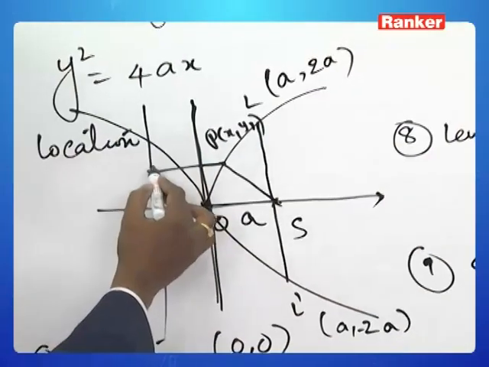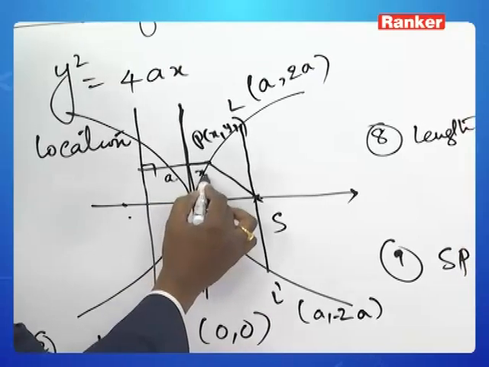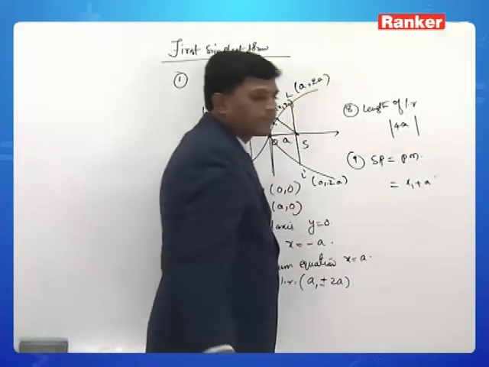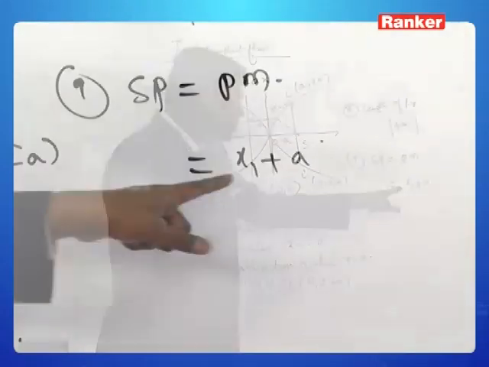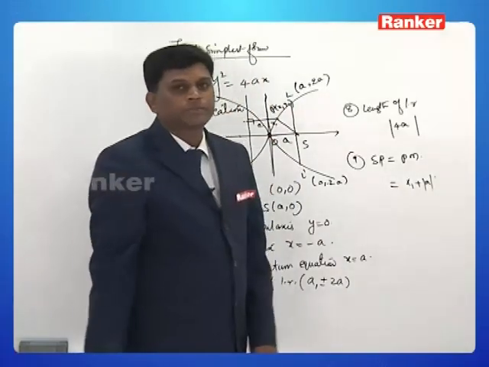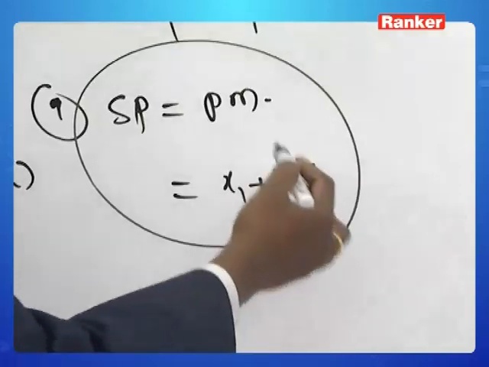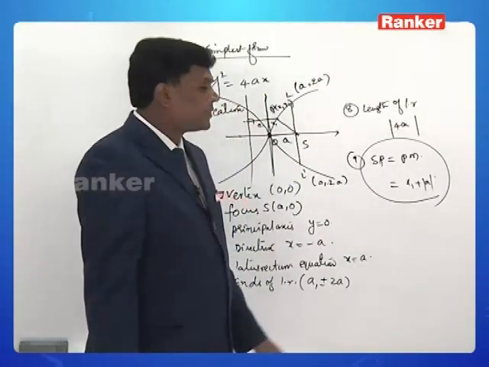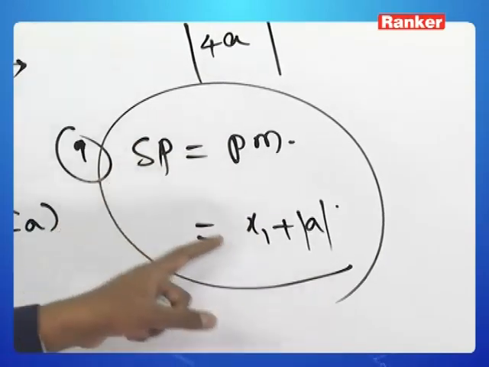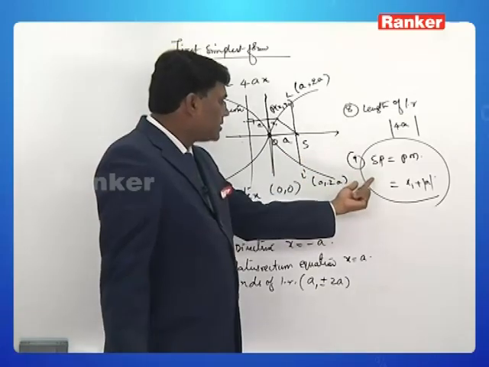If we calculate this, this length is a, this length is x1, it becomes x1 plus a. Suppose a is negative, we can make it positive also. This is taken as focal distance of a point from focus to the point on the curve. SP is calculated by using this. This is the 9th point of this.